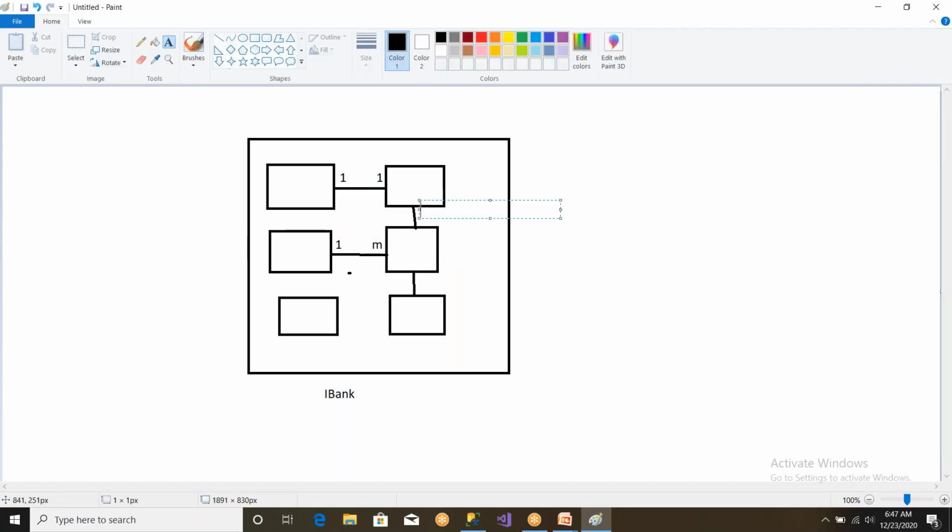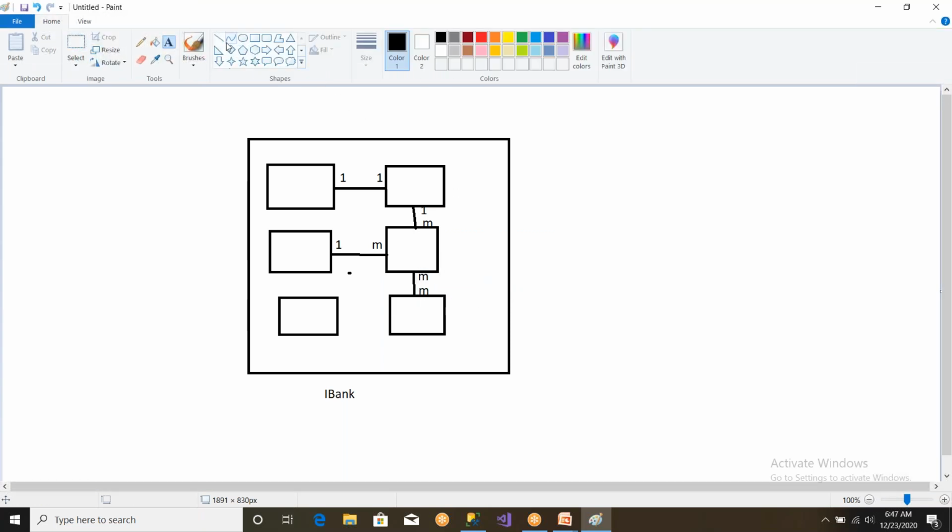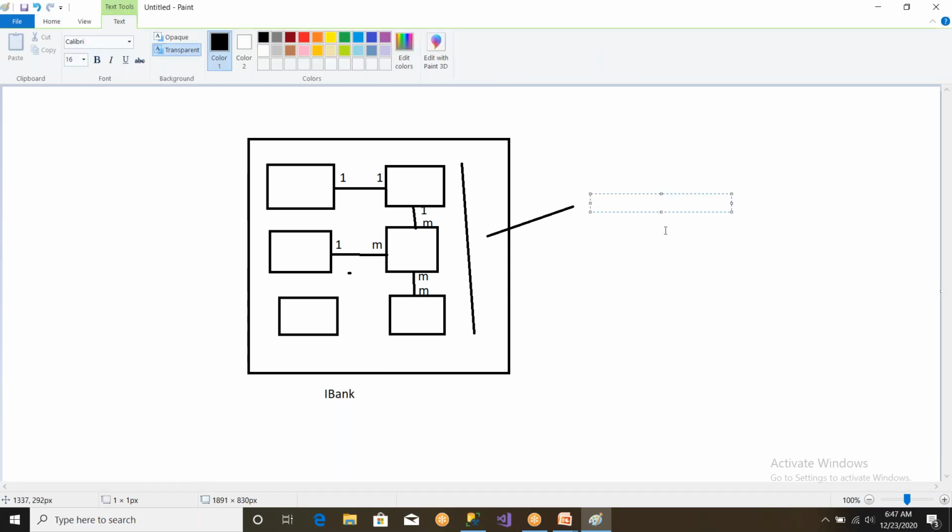And this table may have many relationship. This table may have this to this, maybe many to many relationship. Clear? So we are talking about a lot of tables, and these tables are going to have relationships. It could be one to one, or one to many, or many to many.